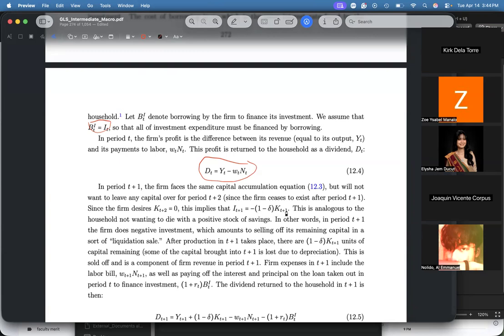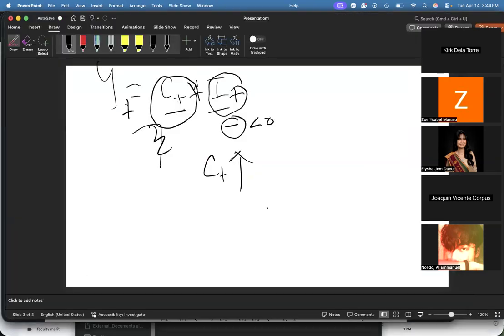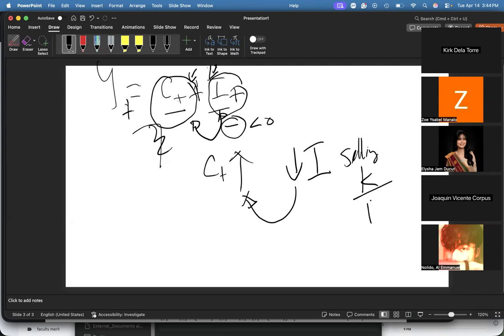Okay, i-convert mo yung KT, as you can see, investment, and consumption. You can essentially convert investment into consumption, right? 1:1 yung relationship nila. So if you lowered your investment, you can increase your consumption. And that's essentially what's happening here. You're selling your capital stock and turning it into consumption.